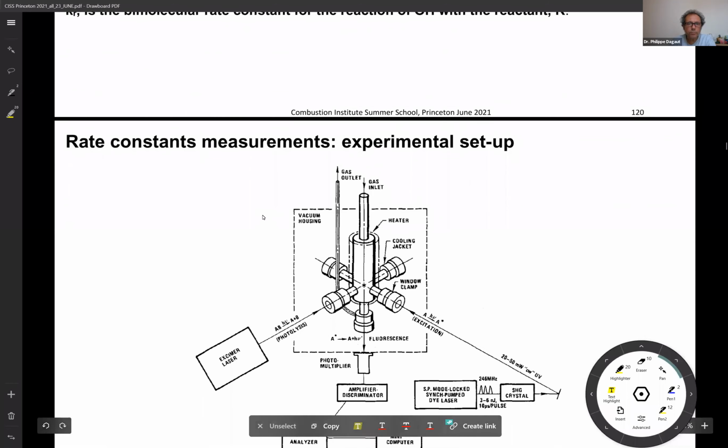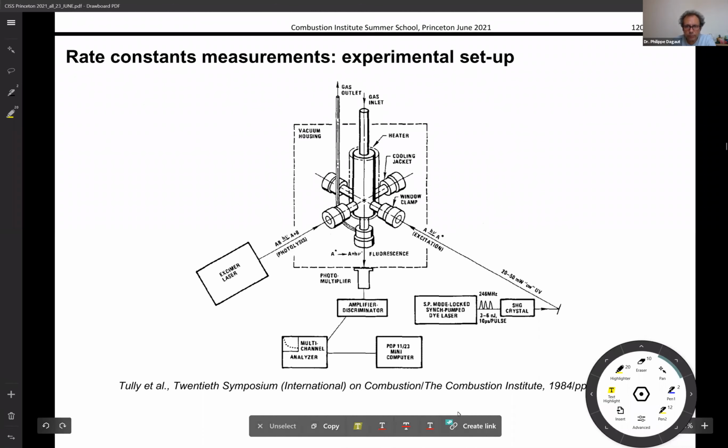So this is an example of an experimental setup. This one was built at Sandia. So the reactor itself is here. You feed the reactor with the mixture of the fuel and possibly water, if you want to use water to initiate OH radicals.